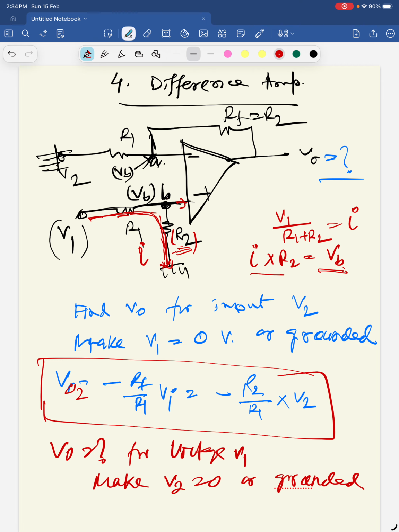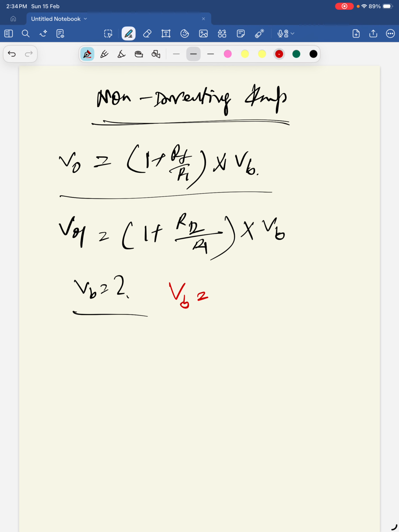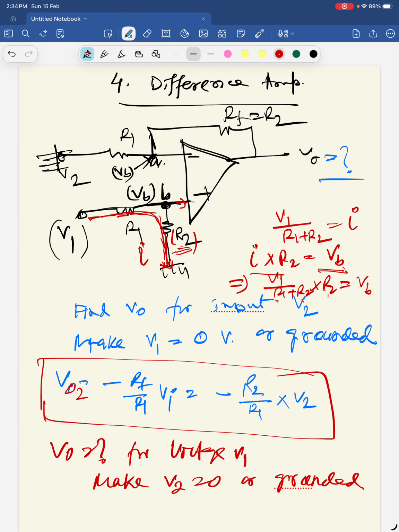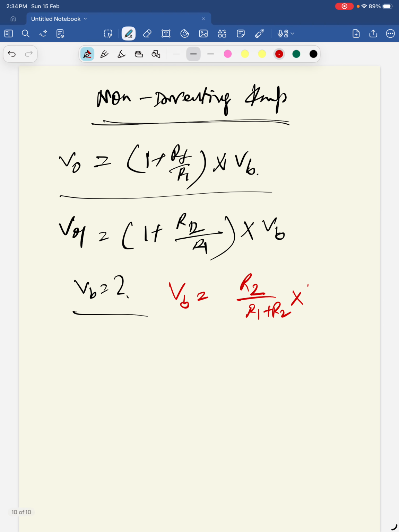So VB is V1 divided by R1 plus R2, into R2. So VB means R2 by R1 plus R2 into V1. That is VB.